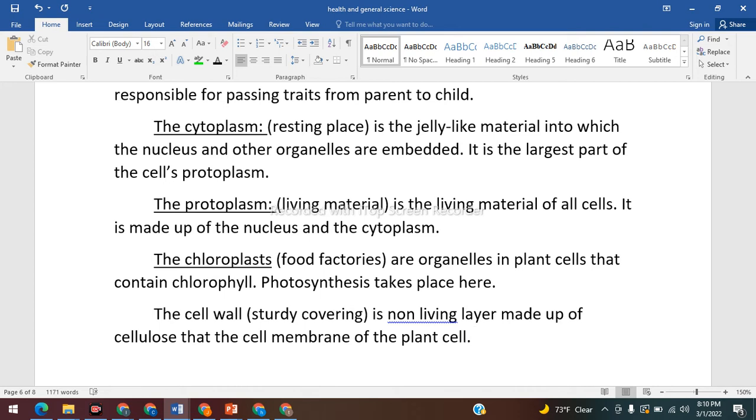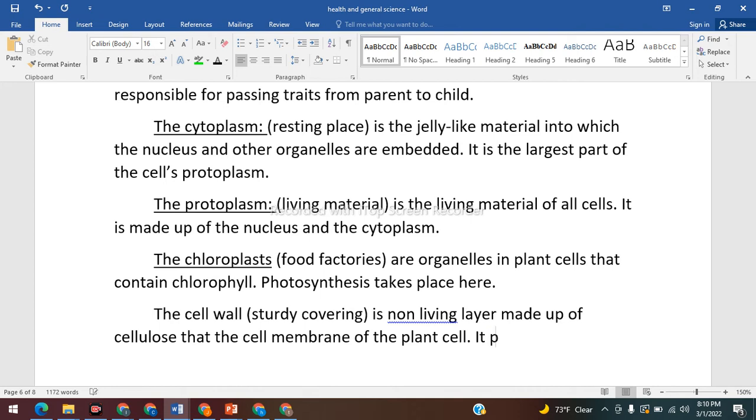What do you think is its function though? To block things from entering the cell. And that's what the cell membrane does too. But it starts with P. It's going to do what? Protect. Protect, yeah. The cell membrane protects the cell itself.